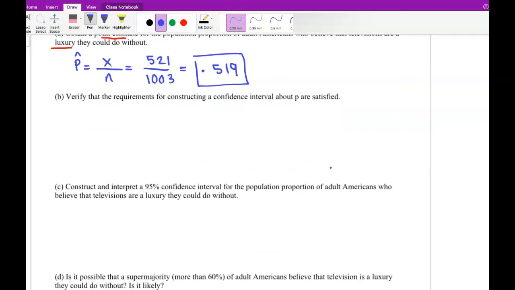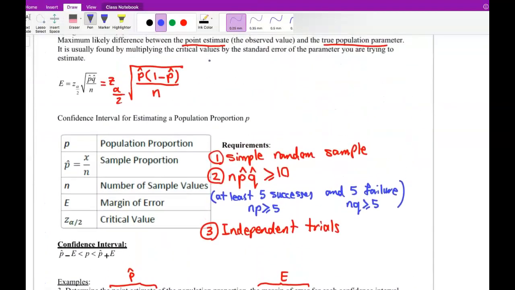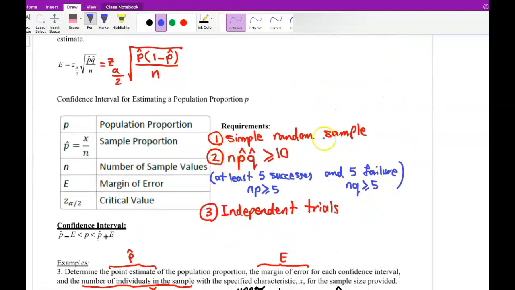Okay, then part B: verify that the requirements for constructing a confidence interval for p are satisfied. What that means is I should have all these three.